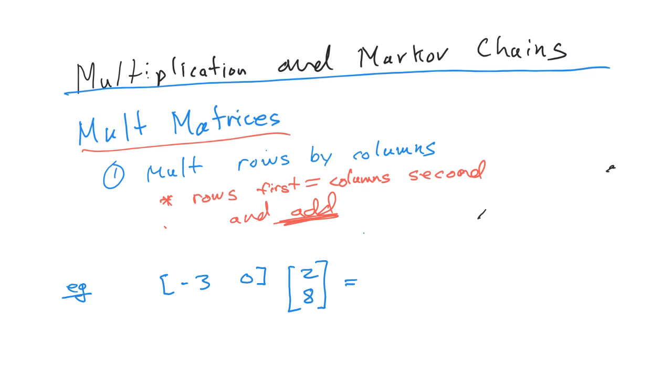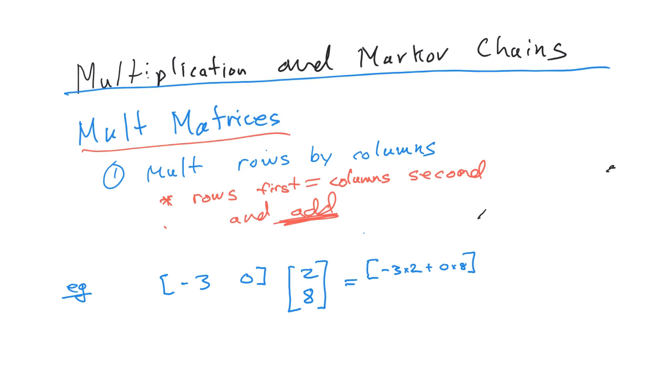Here's how you get your answer. You go, -3 times 2 plus 0 times 8, and that creates a simple matrix for us.